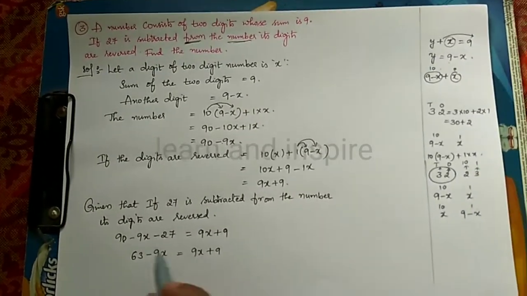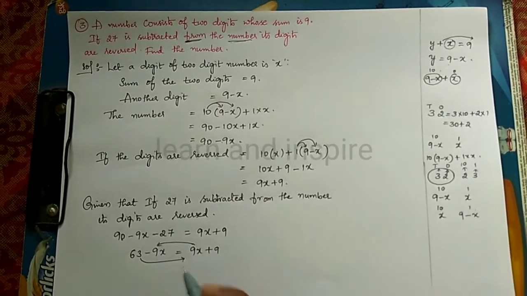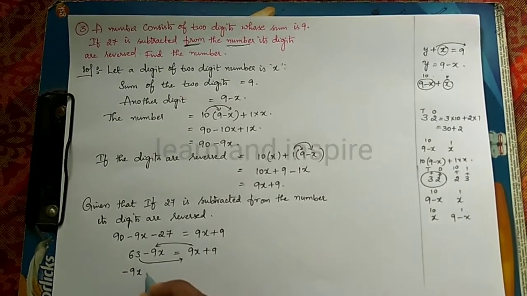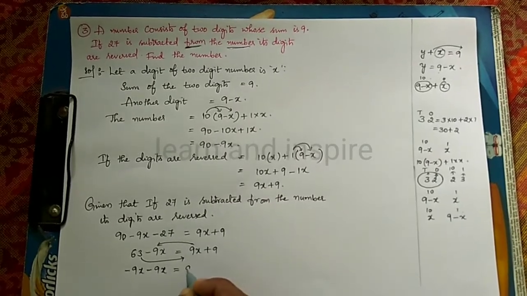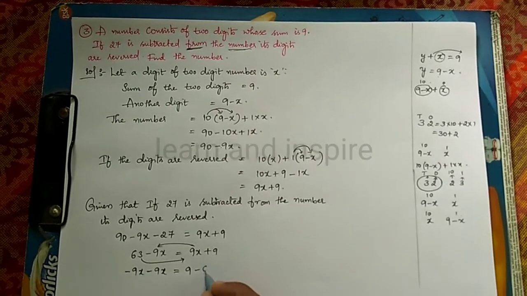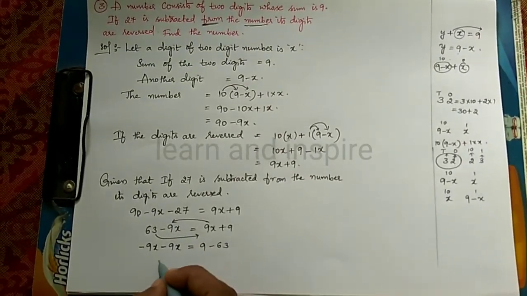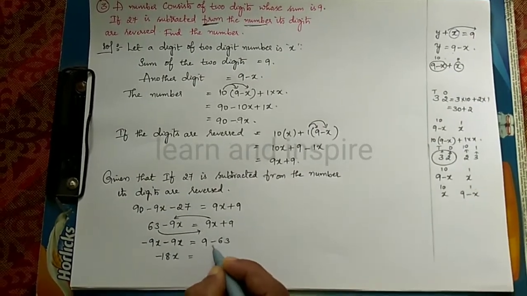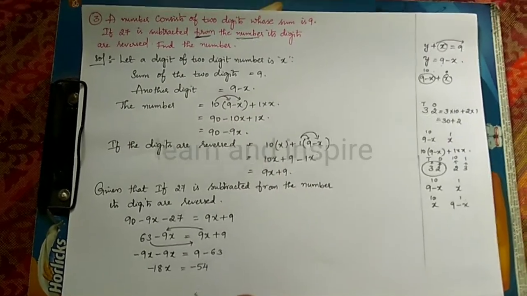Okay, now variables transpose to the left side and the constants to the right side. Minus 9x: if I transpose plus 9x, it becomes minus 9x, which is equal to plus 9, written as it is, and if I transpose plus 63, it becomes minus 63. Minus 9x minus 9x is minus 18x, which is equal to 9 minus 63, which is minus 54.